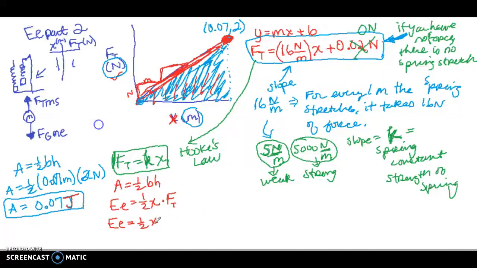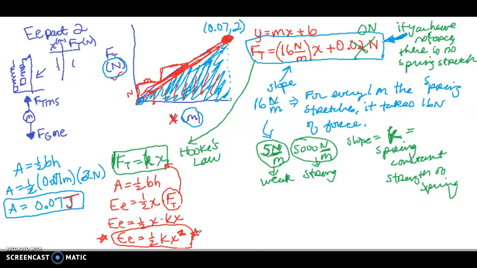Normally you'll see it like this, 1/2 x, and instead of this F, do you see how F_T is also the same as kx, based on the equation that we did before? So we do kx, and then if we clean it up, 1/2 kx squared. This is normally the way that you see the elastic energy equation: 1/2 k, which is the spring constant, times the spring stretch squared.